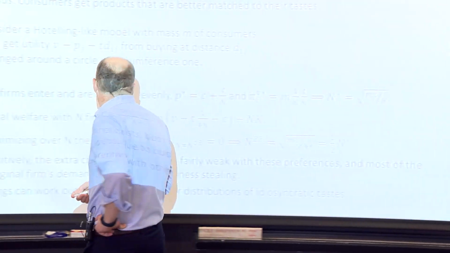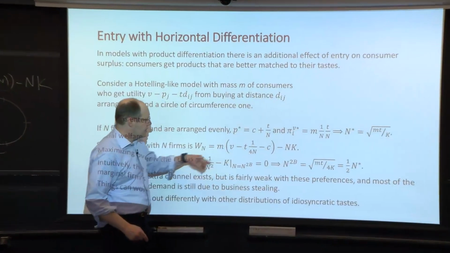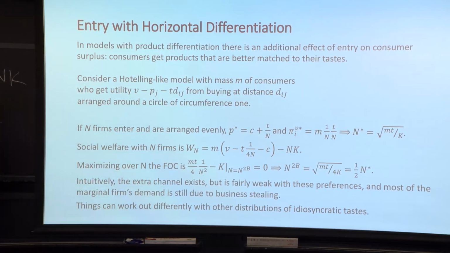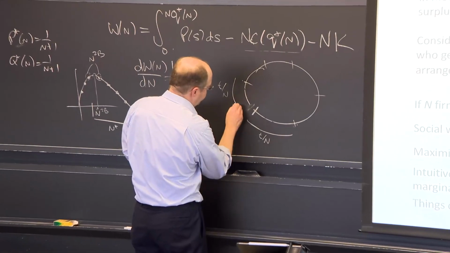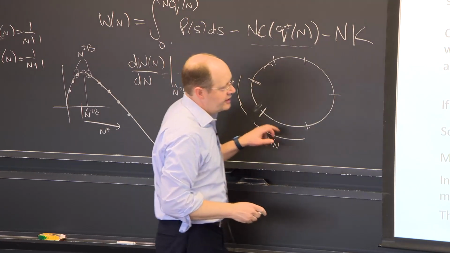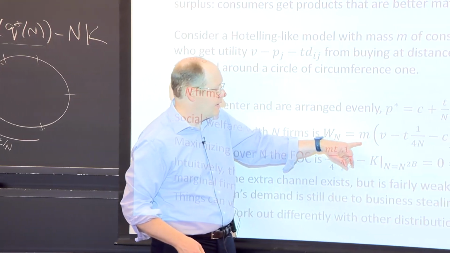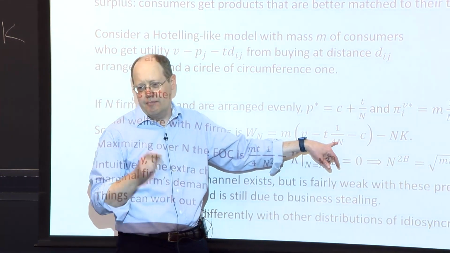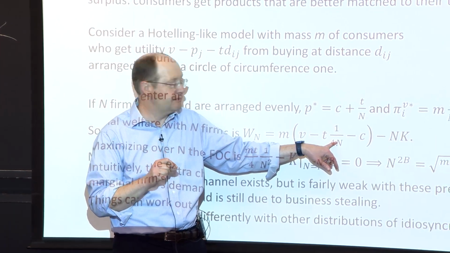Okay. What's the social welfare? There are m consumers. So suppose we're in this model and these things are both T over n. Social welfare is just total gross surplus received minus costs of production minus average mismatch disutility or transportation cost disutility.